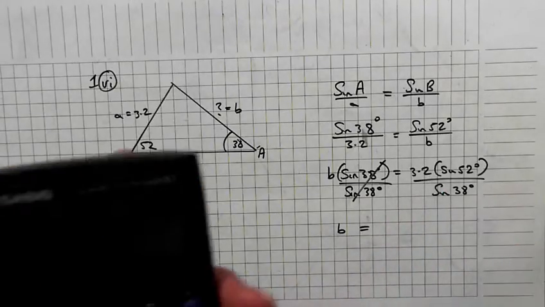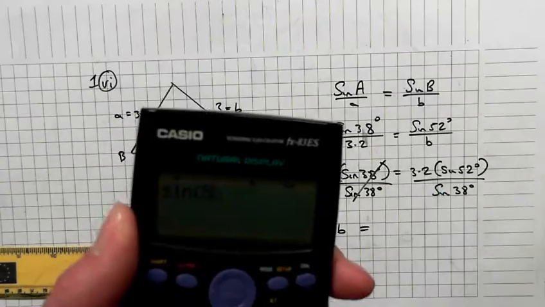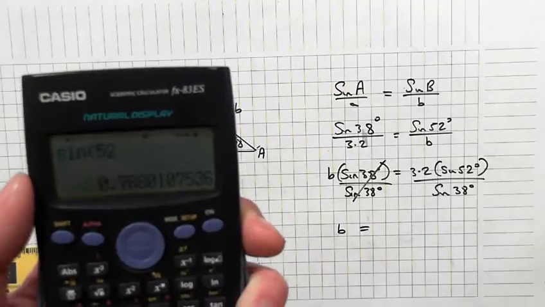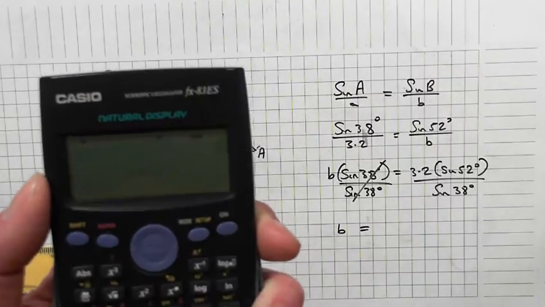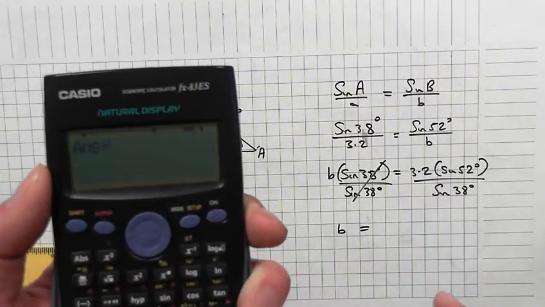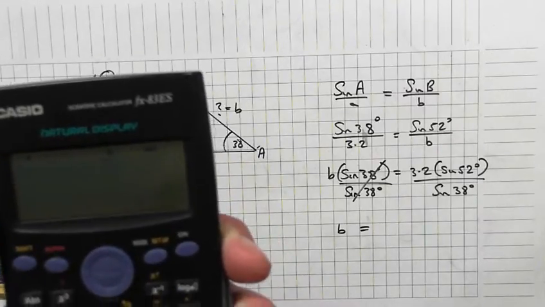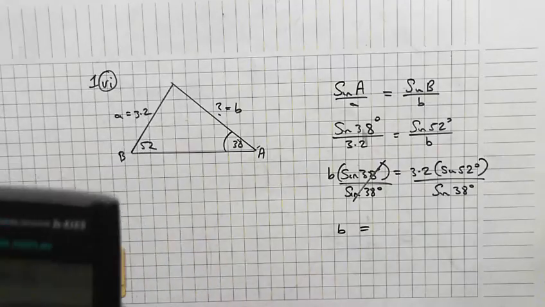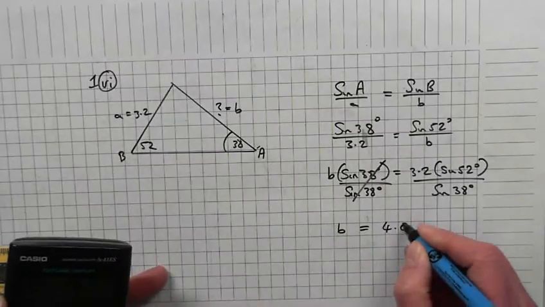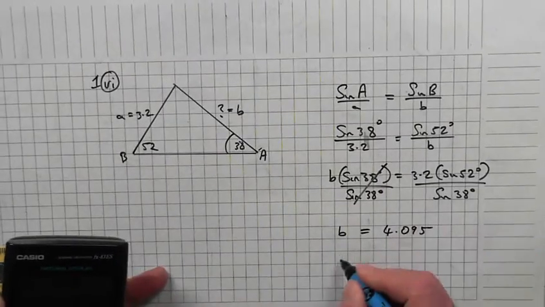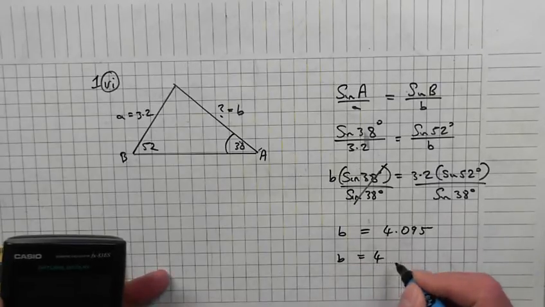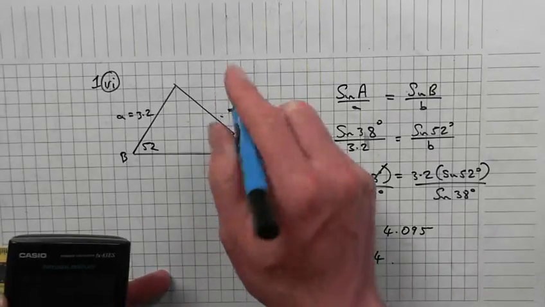Sine of 52 times 3.2 divided by sine of 38 degrees gives 4.095. If you're asked to round it off, b would be equal to 4.